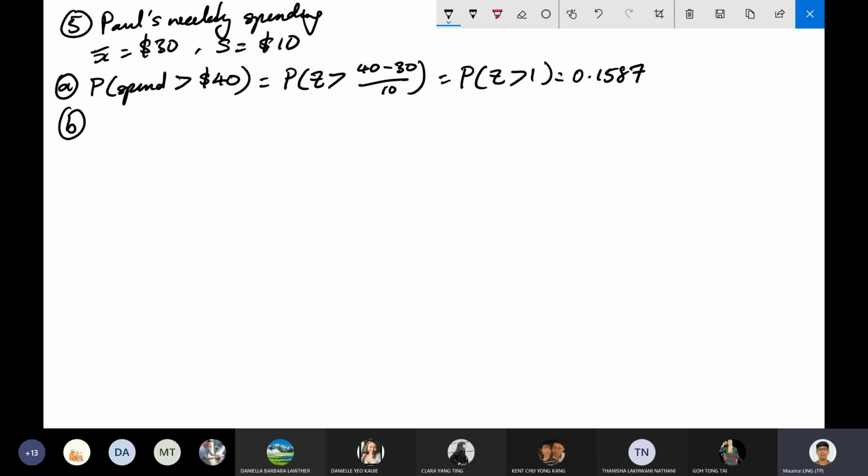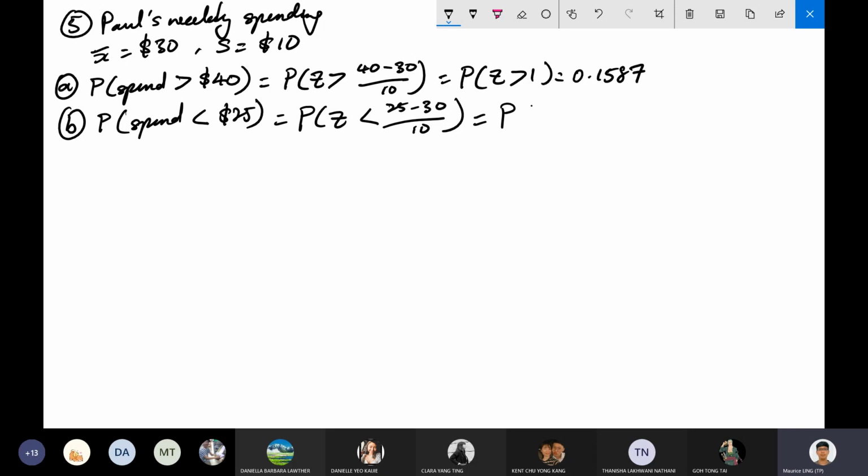Then B, probability that he spends less than $25. Okay. Similarly, 25 minus 30 over 10 equals, so here is minus 0.5.